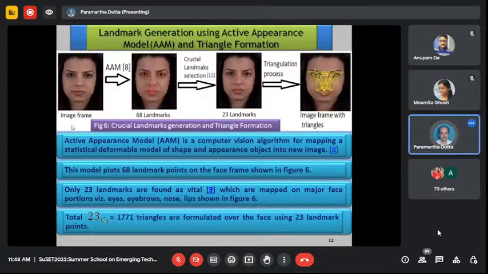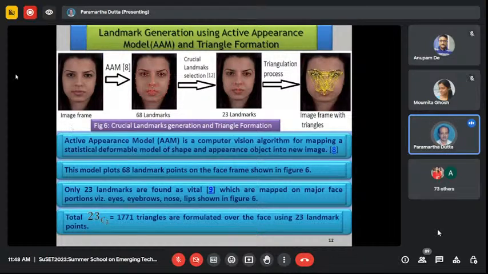If the question is asked, which are the points that are most sensitive on these face images and most susceptible to any change in facial expression? The question is very simple, but the answer is very difficult.